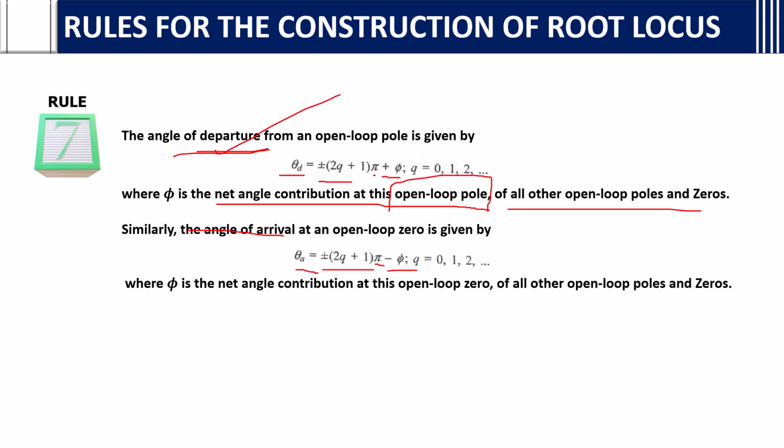Here it is minus phi as it is the angle of arrival, and phi here is the net angle contribution at this open loop zero from all other open loop poles and zeros. You need to remember it in this way. Rule 7.